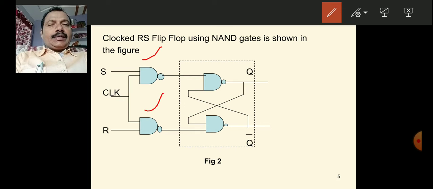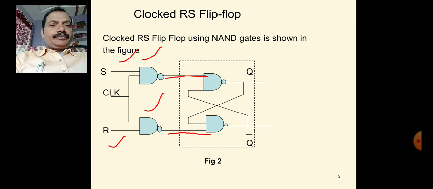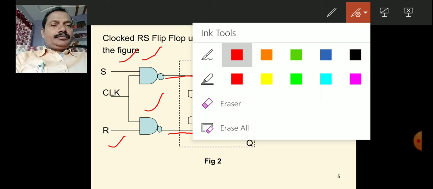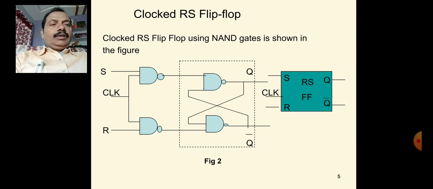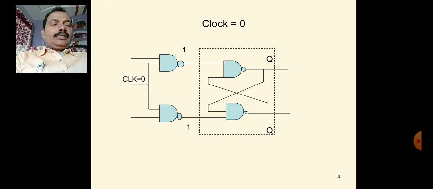You connect a clock, and this is called set input and this is reset input, and the outputs of these NANDs are connected to the latch like this. So this is the clocked RS flip-flop. The symbol is shown here.